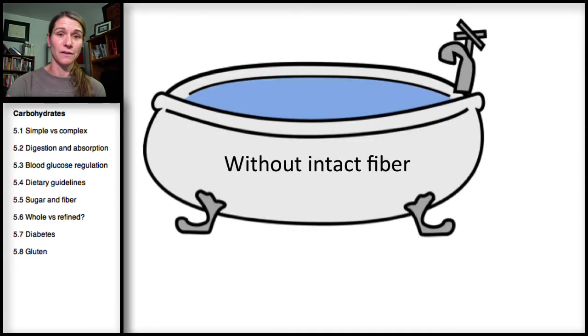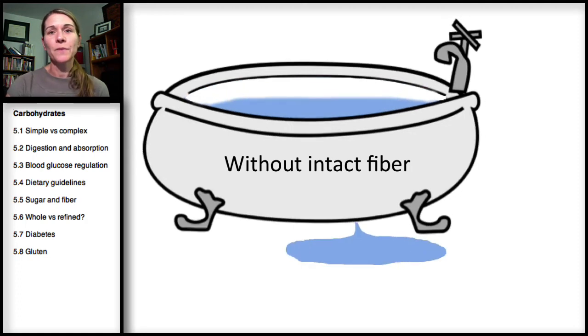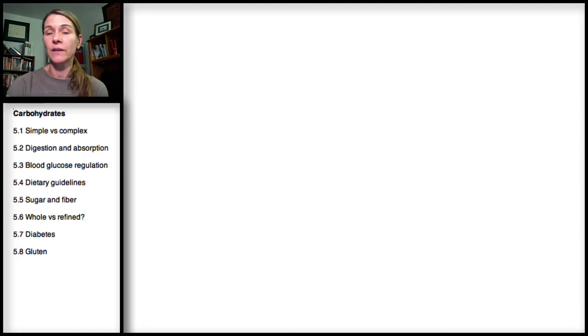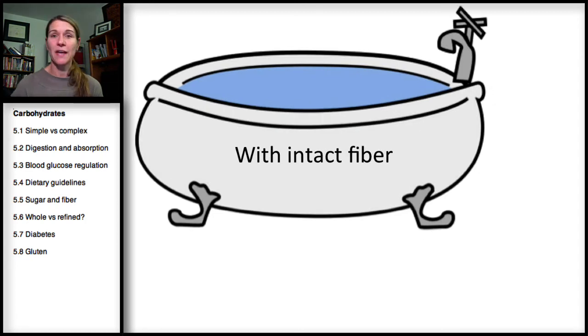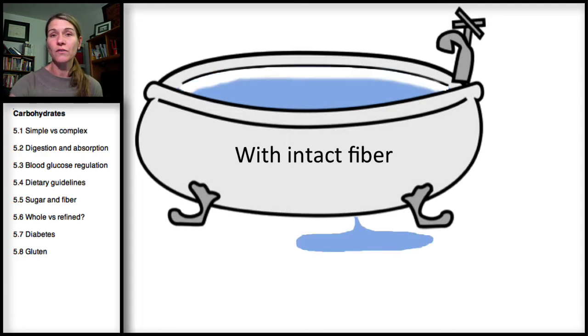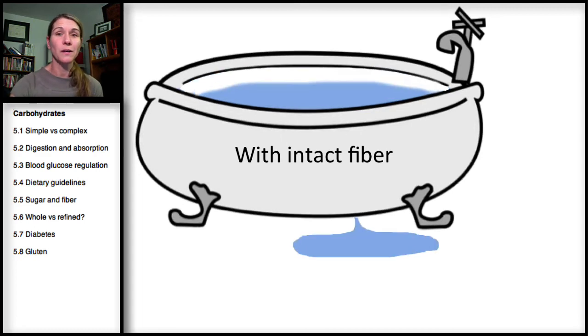So to demonstrate this, if you don't have your intact fiber, if you pulverize it, you make it into a fine powder, what happens? The tub empties quickly. Say from a whole food, such as a vegetable, the absorption of glucose is going to be much slower.